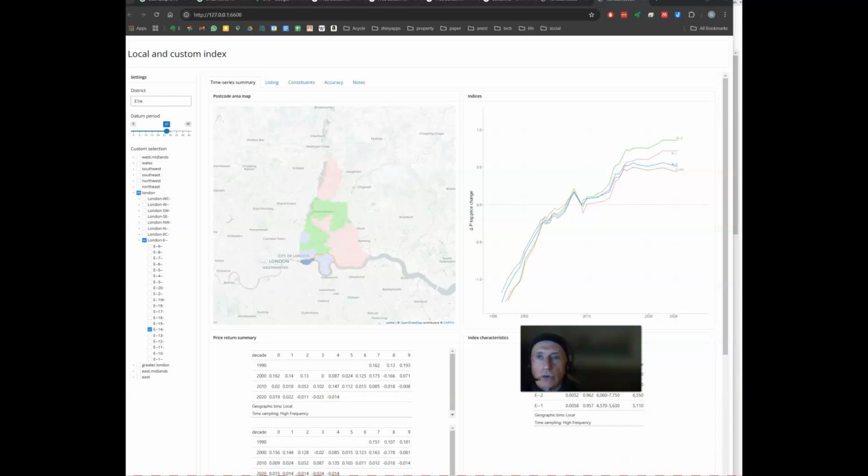So I want to demonstrate this interactive browser that helps us to look at the local indices and a custom index. Basically our models are three, and they're very closely linked. But the first model is the repeat sales index.